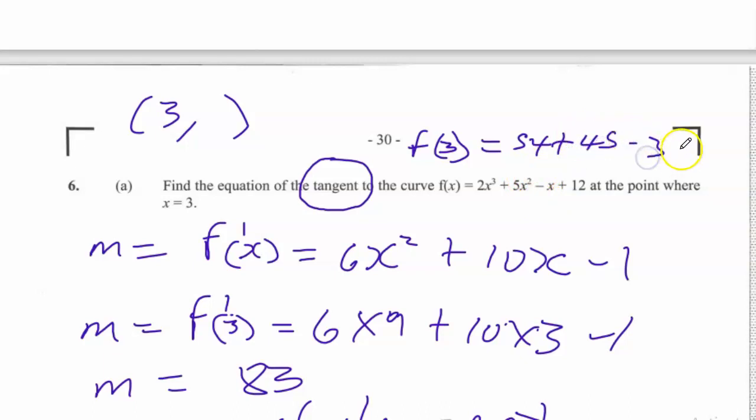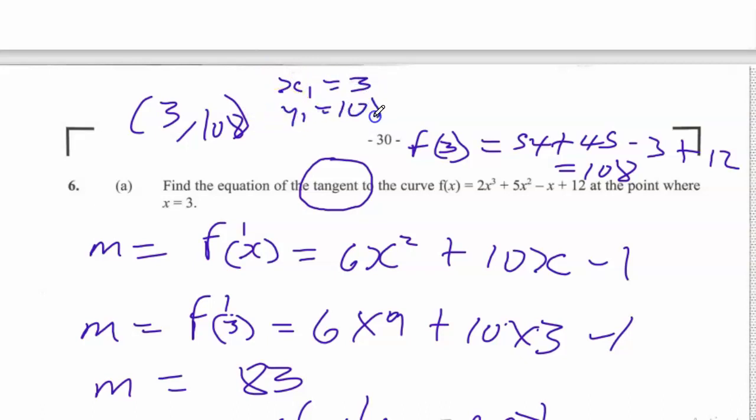Minus 3 plus 12. That's what now? 54 and 45, that's 99, minus 3, that's 96. 96 plus 12, that's 108. So now the line passes through 3 for the x and 108. So the x1 is actually 3, the y1 is 108.